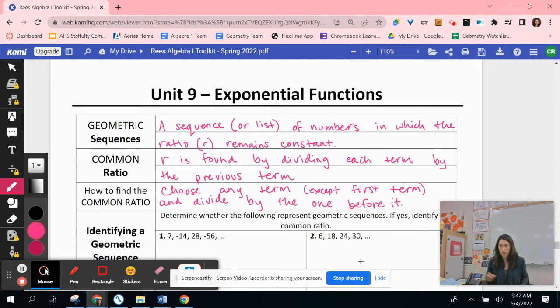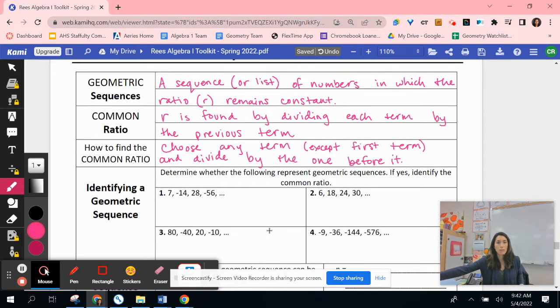Okay, so let's try that here. We have a few lists of numbers. First thing we're going to do is determine if this is a geometric sequence, and if it is, we're going to find that common ratio.